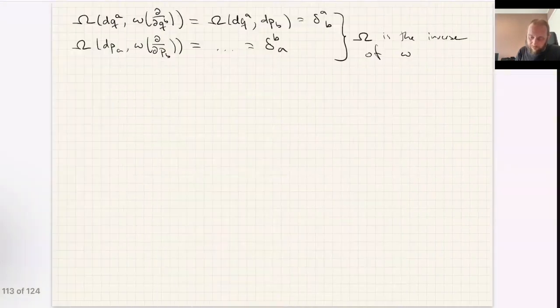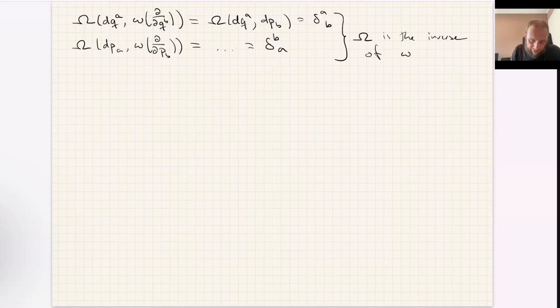And what we see here is essentially that what I get is the identity transformation, which means that the capital omega is the inverse of omega. When you see omega as mapping vectors to one forms, and capital omega as mapping one forms to vectors, then the composition of those is the identity.